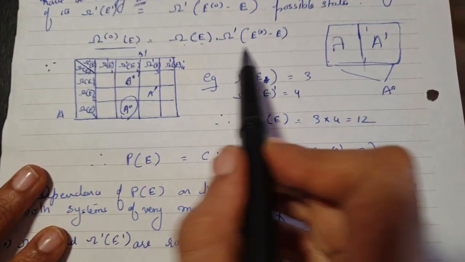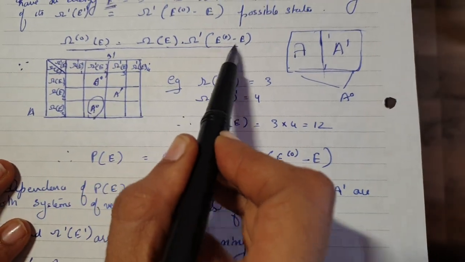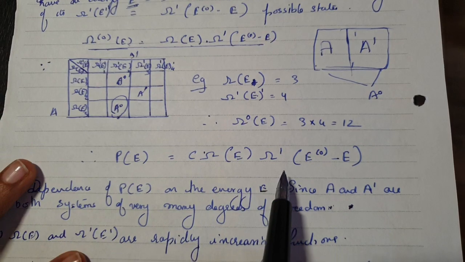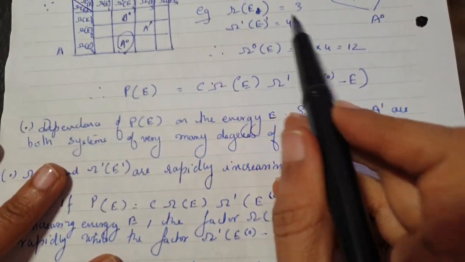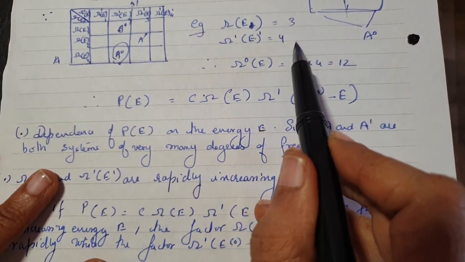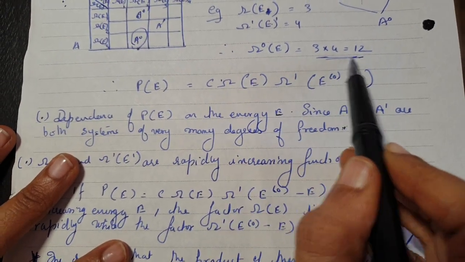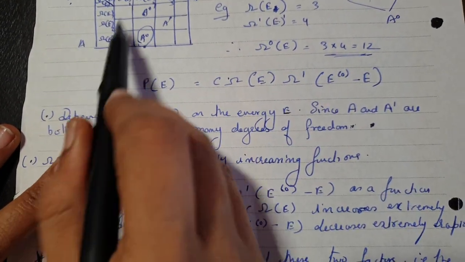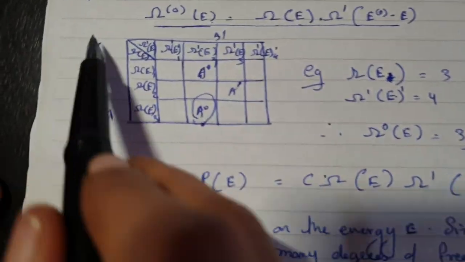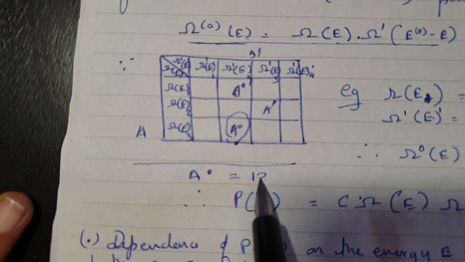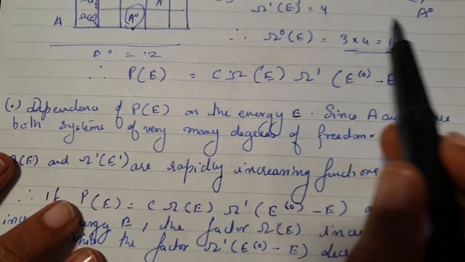That is why we are multiplying, not adding, because both of the values are simultaneously possible. So if omega E is 3 and omega dash E is 4, then the total number of accessible states to the entire system is 12. A naught can access 12 states. That is the meaning of this.